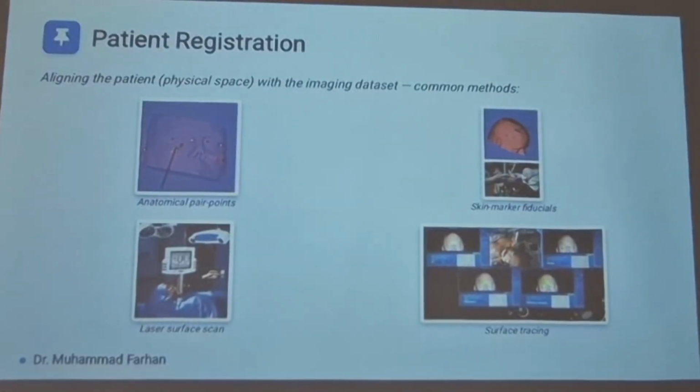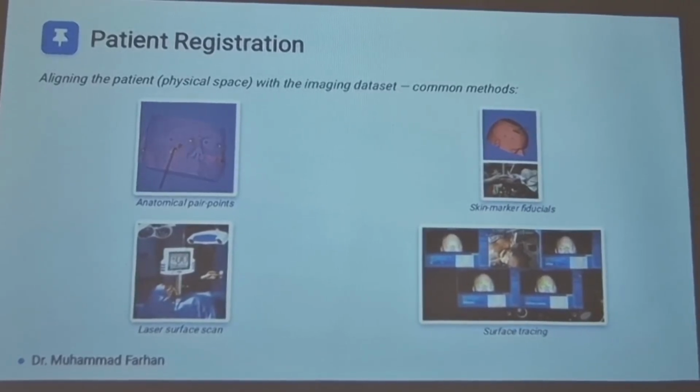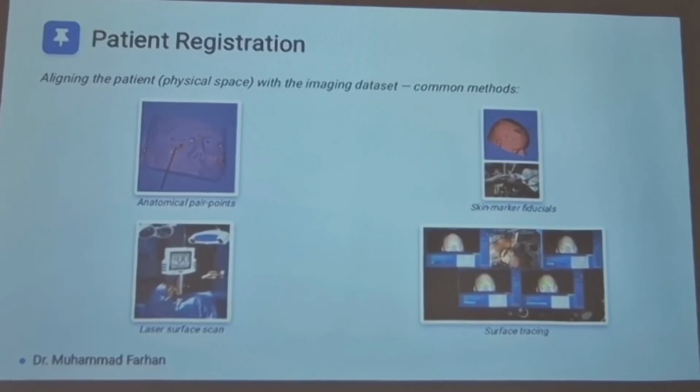Then there is the patient registration. There are different methods of patient registration. We have to localize the anatomy on the patient on the operating table and compare it with the preoperative images, or coordinate these images with each other. There are different methods, such as anatomical paired points, like the tip of the nose, bridge of the nose, or different anatomical markers such as the superior border of the ear or inferior border of the ear.